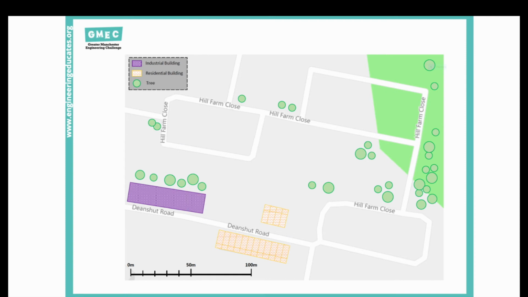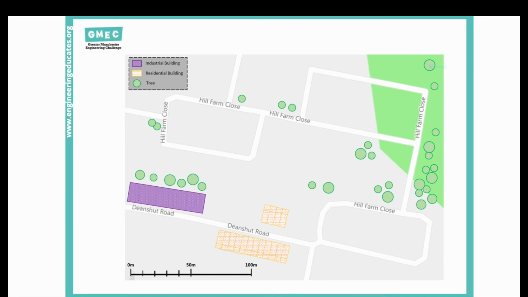And a really important fact to remember here is the scale of your plan. So the A4 version here has a scale of 1 to 1,000, which means that every centimetre on the plan is approximately equal to 10 meters on the actual site. Now, obviously, if you enlarge your site plan to A3, then you will also change the scale.